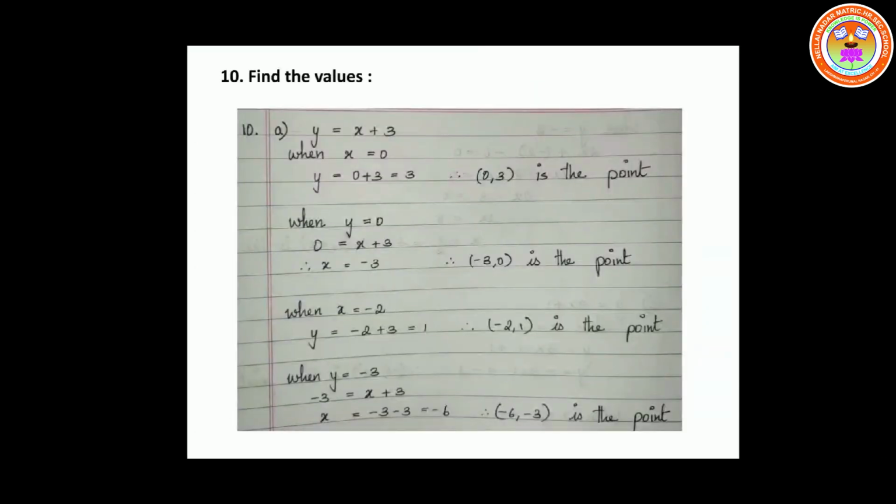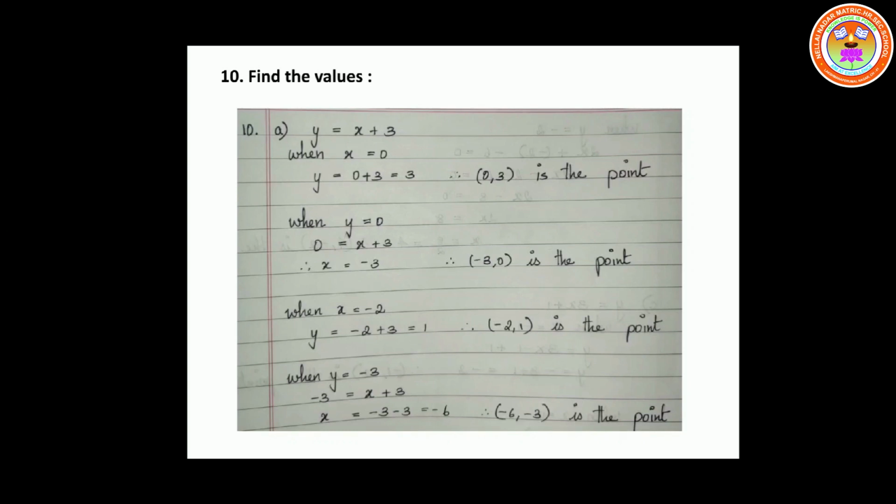Now the last sum, find the values. y is equal to x plus 3. When x is equal to 0, what is the value of y I have to find, right?